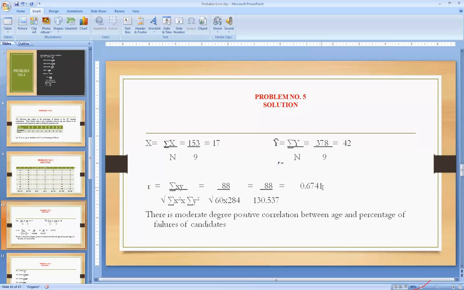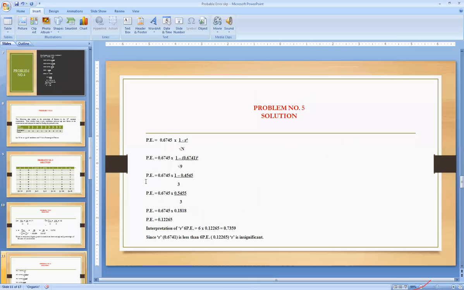It is 0.6741, to be substituted in the place of r. The number of items is 9, so square root of 9. PE equals 0.6745 into 1 minus, squaring these two values, 0.6741 into 0.6741, we get 0.4545, divided by the square root of 9, which is nothing but 3.